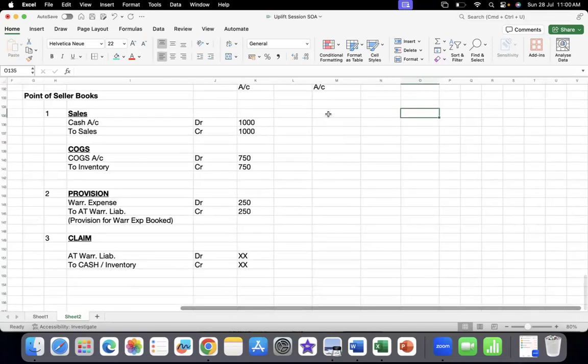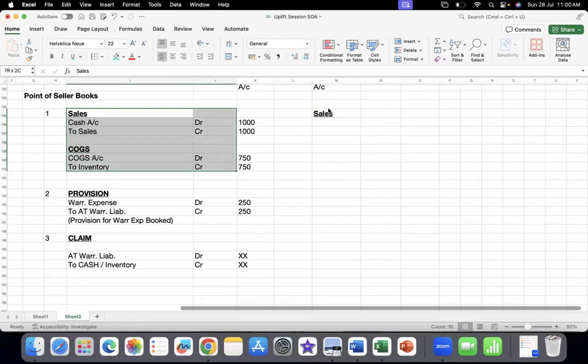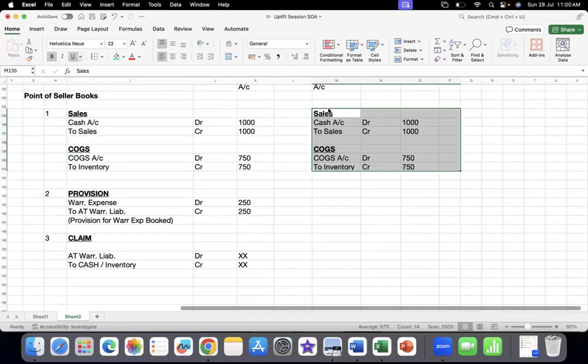But what happens when you book a service type warranty? On sales, of course, there would be a cost of sales and everything going in the same way. So there is no change in this matter. But you don't book a provision at that point. You don't book an expense basically through provision. You only record cash.